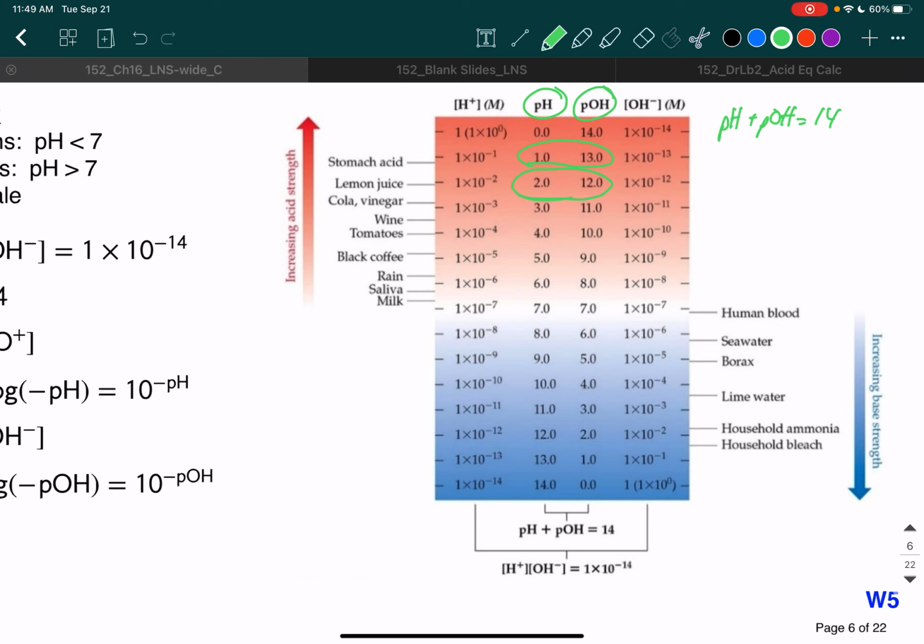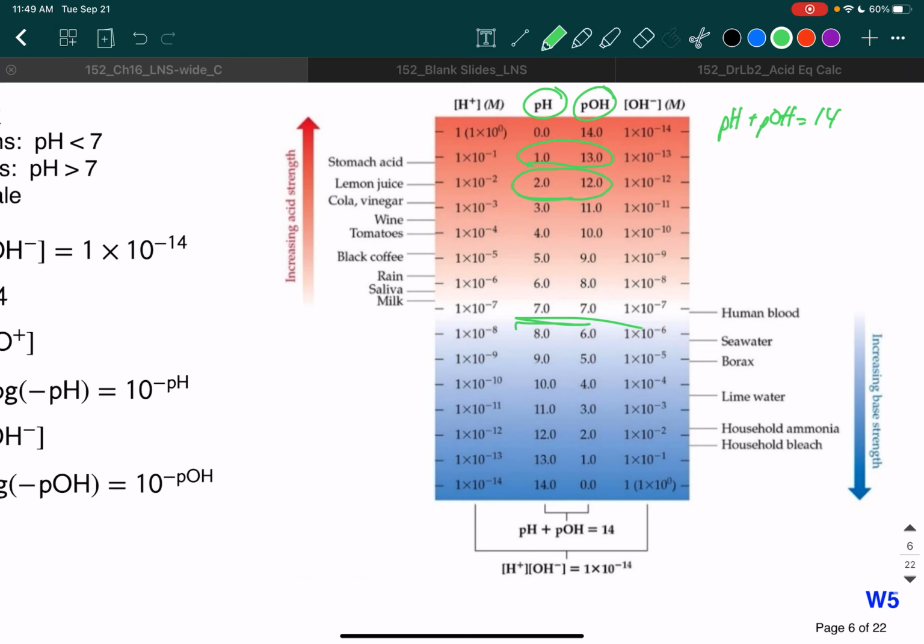It's still kind of small, but on a pH scale, it's the biggest thing you've got: 10 to the minus 1, 10 to the minus 2. pH 7 is neutral. That's the only place where hydronium and hydroxide are equal to each other. You can see it, 10 to the minus 7, 10 to the minus 7. We'll talk about where that comes from later.